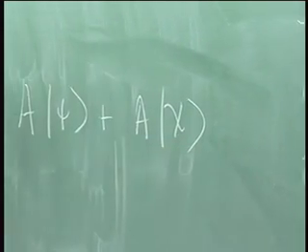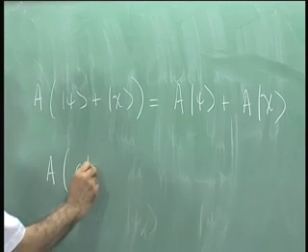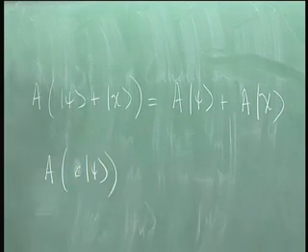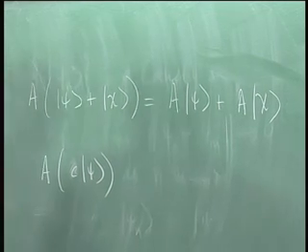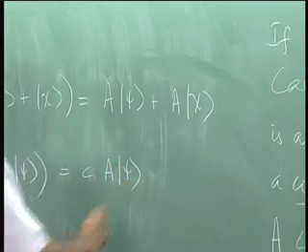This is the first thing you need, and A acting on C times psi, where C is some scalar which multiplies this vector of a linear vector space, is the same thing as C A psi.